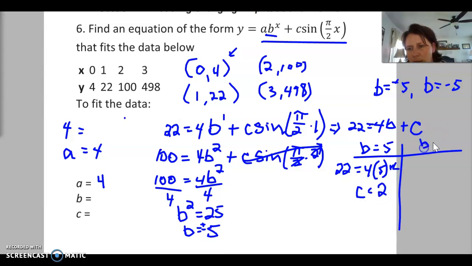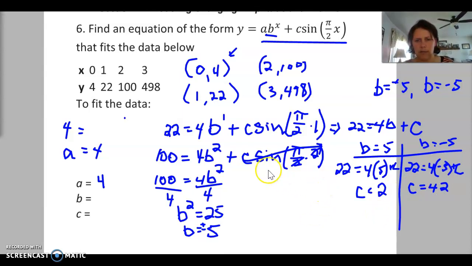If b equals negative 5, then we have 22 equals 4 times negative 5 plus c. And what's that going to be? Negative 20, so c is going to equal 42. Okay, and then we can use this last data point that they give us.